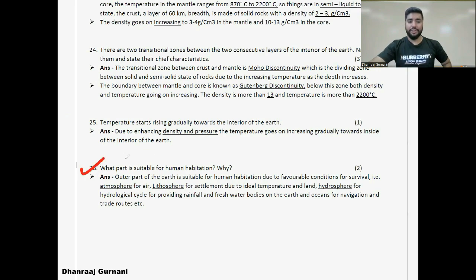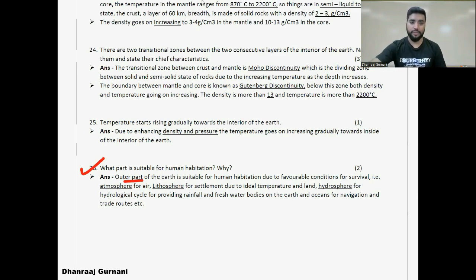26. Last theoretical question. What part is suitable for human habitation? Why? The outer part of the earth, which is the crust, is suitable for human habitation due to favorable conditions.